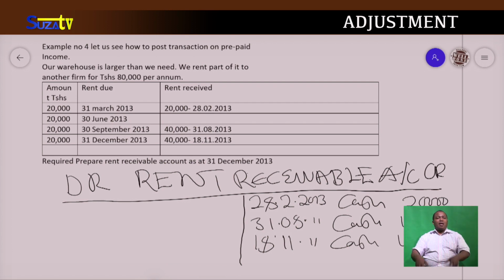Okay. Remember that we rent a part of the warehouse to another firm for 80,000. When you add the amount you received, you got 100,000.